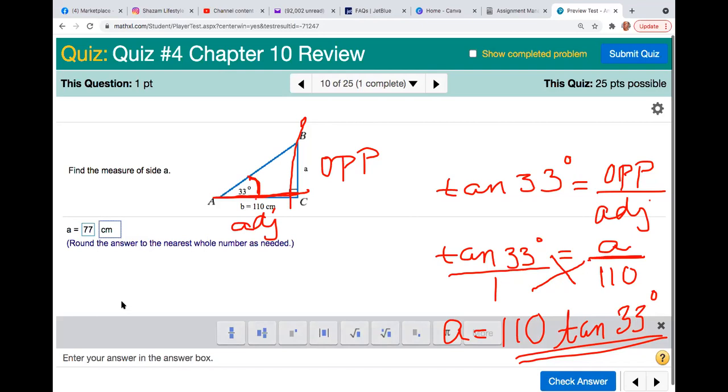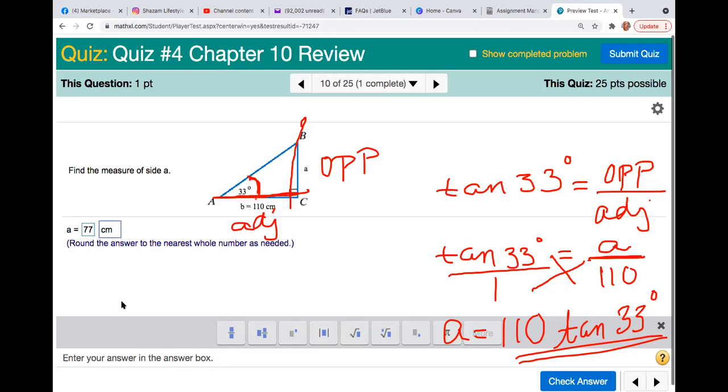Now, if you have this exact same problem, you got your answer. But if yours is not exactly like mine, let me help you out. If you need help, tell me what you need help with. On my calculator, I put the tangent 33 and it doesn't give me 77 when I multiply.